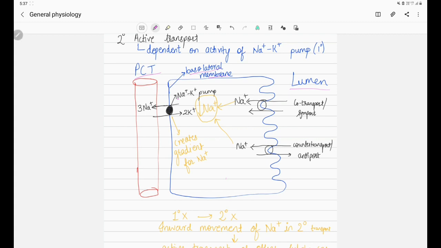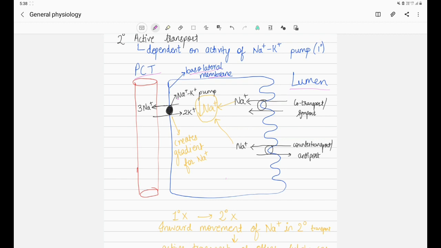Now as the sodium is less, on the luminal side there are pumps from which the sodium will enter into the cell, and the energy released by the entry of the sodium is used by another ion to enter or exit the cell.